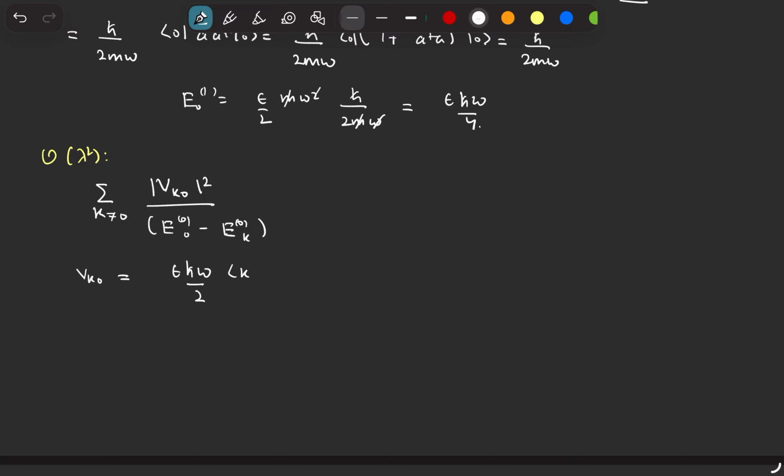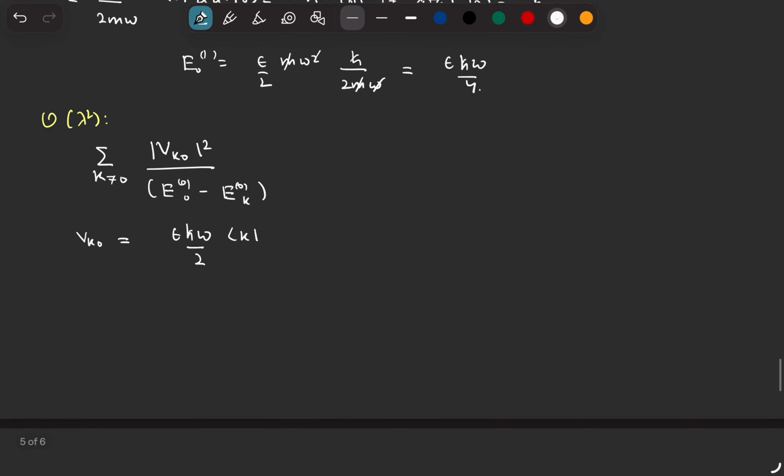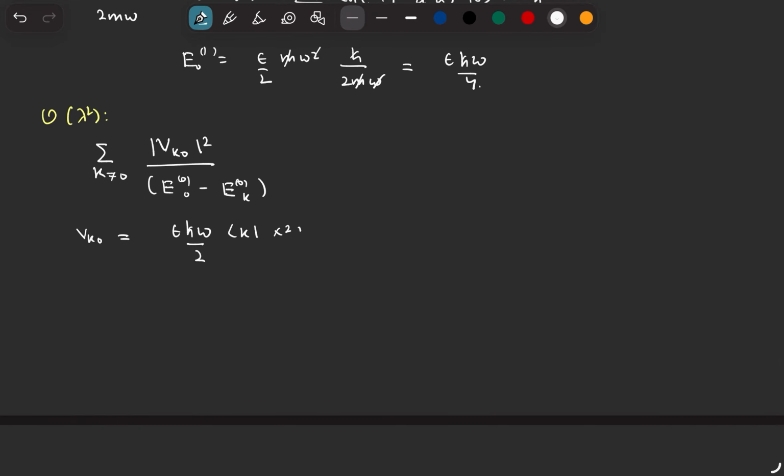And so you have your k, and then you have not exactly x squared, well yes, x squared, but we only consist of the operators, right? So I have taken out the prefactor that it has, and I have done everything that has to be done, and now I have this h bar omega by 2, and this x squared only consists of the operators, so this will be epsilon h bar omega by 2.